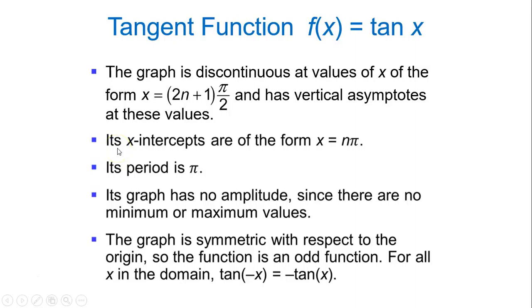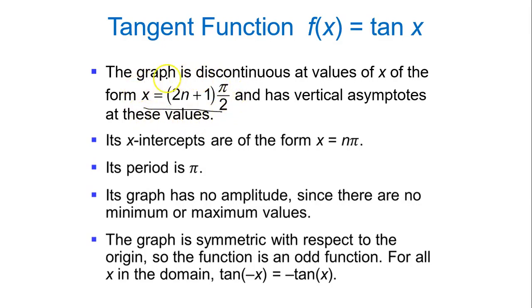All right, so your tangent function, f of x equals tangent of x, is going to have these properties. The graph is discontinuous at values of x of the form this right here. That's how you're going to find your vertical asymptotes.